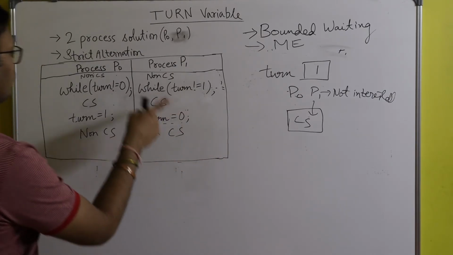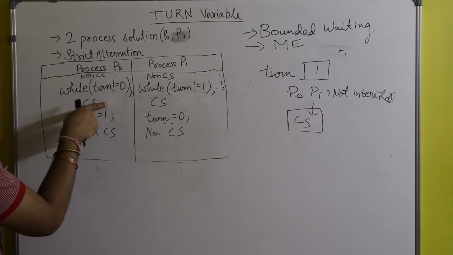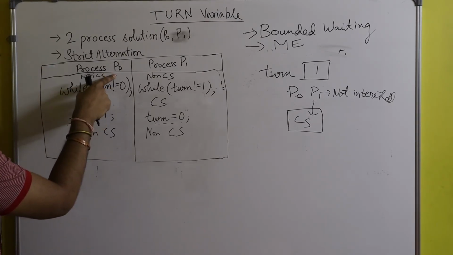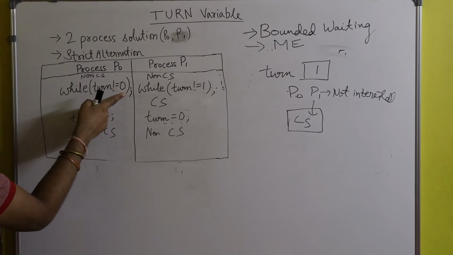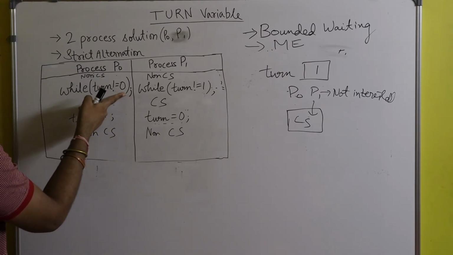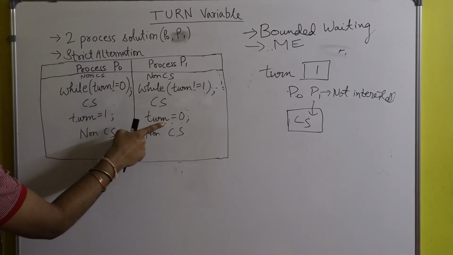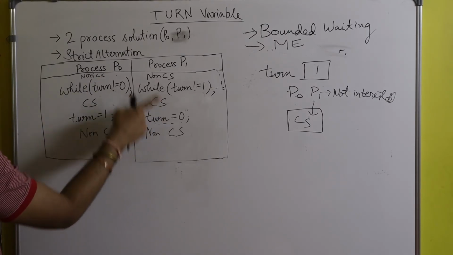So P0 can't enter now, because in order to get entry inside the critical section, P0 has to execute this while loop, and this while loop can only be broken if the value of turn is made 0, and turn can be made 0 here only by P1.